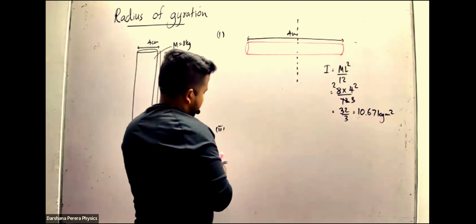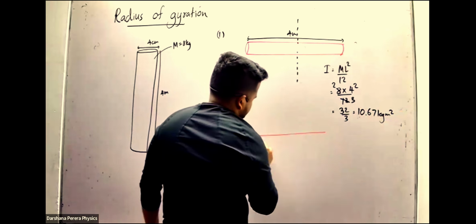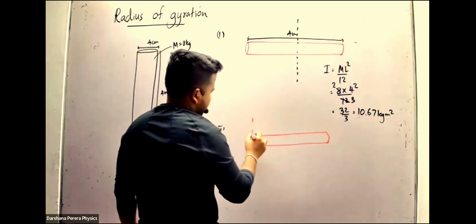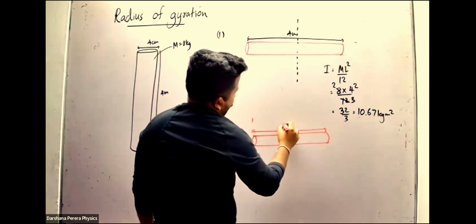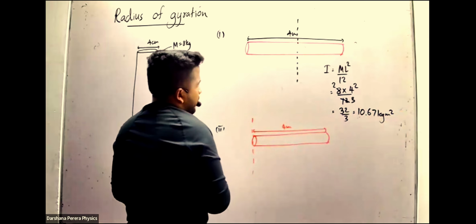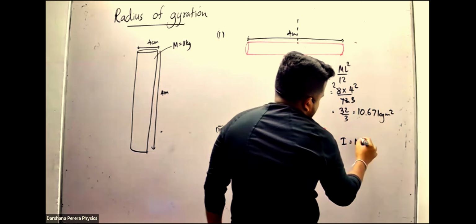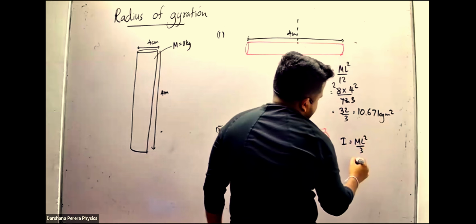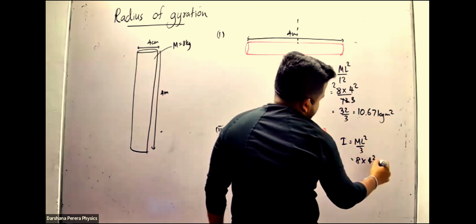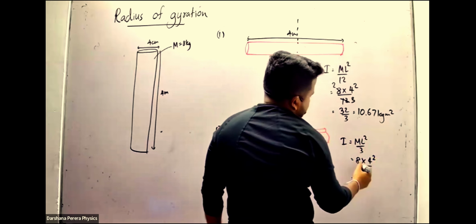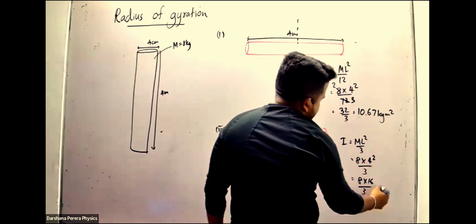Number 2, the one end. I equals ml square over 3. M means 8, L means 4 square over 3. That means 8 into 16 over 3.